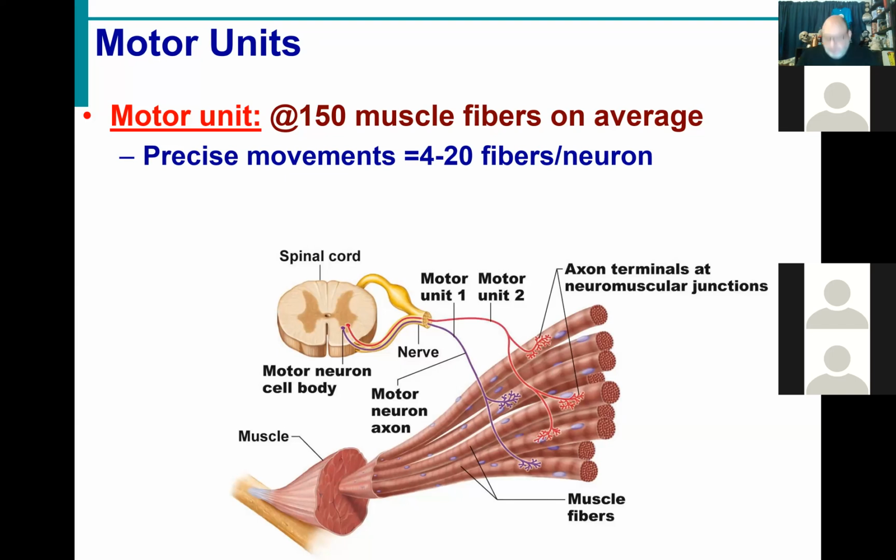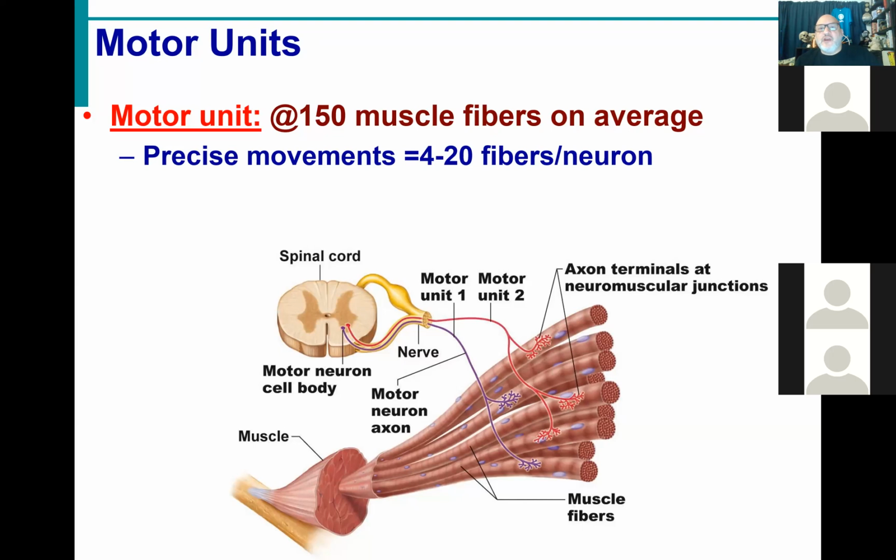Remember before, when we were talking about trying to thread that needle, when you're trying to do a very precise movement, there may be a motor unit that communicates with as few as 4 muscle cells, right? Some of the precise facial expressions we're able to make have very, very small motor units.